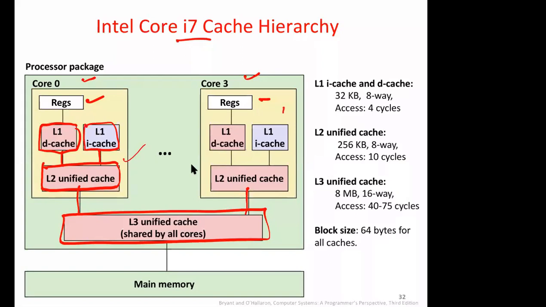Each core has one L2 unified cache, but the L3 cache is shared among all cores. Now you can understand the nomenclature. L1 cache is an 8-way cache, access is 4 cycles, L2 is an 8-way cache, access is 10 cycles, and so on. You can find answers to why there are different cycles and so on.